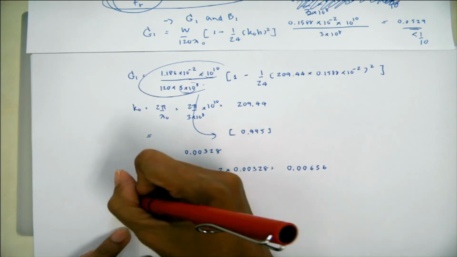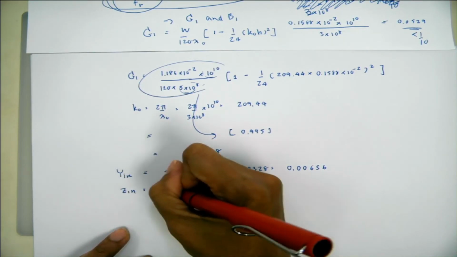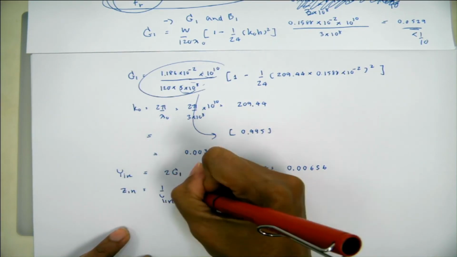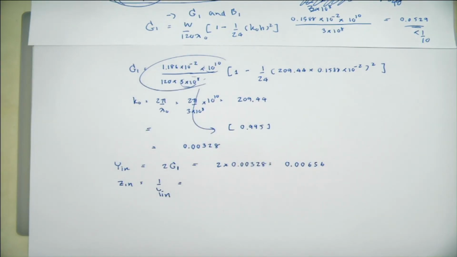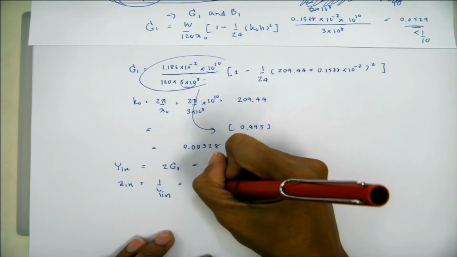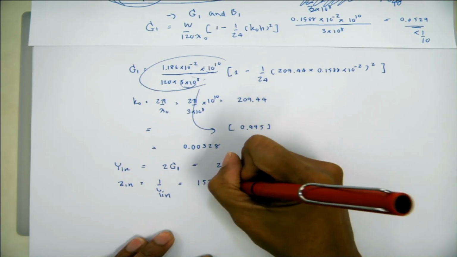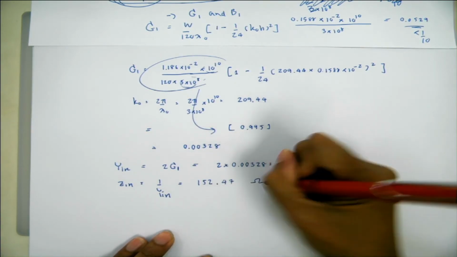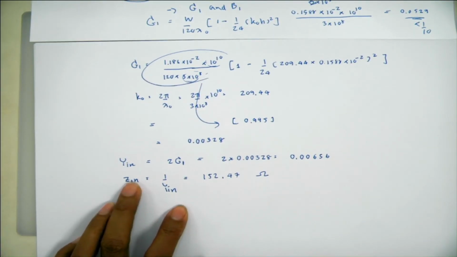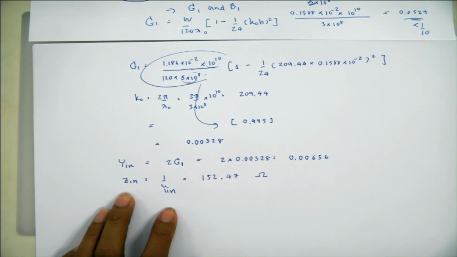Okay, and that corresponds to an input impedance of, let me punch the number into the calculator, 152.47 ohms.